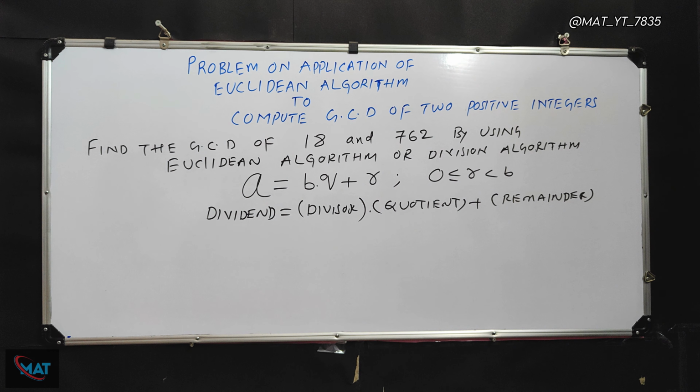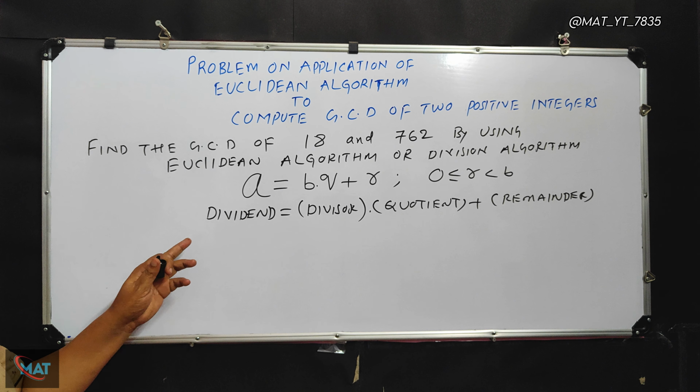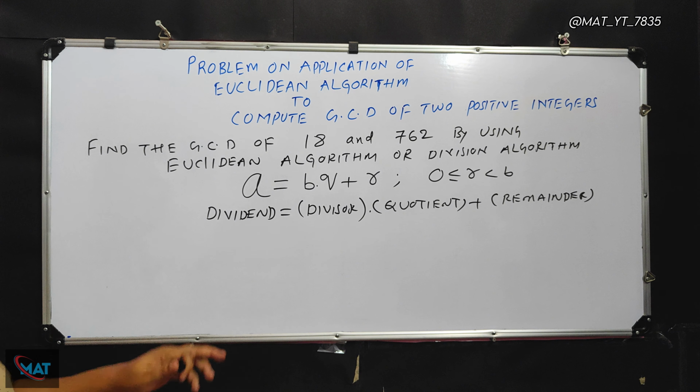It is a general way to understand division algorithm or Euclidean algorithm. Now always remember that the left side number should be the dividend. It will be more than the divisor. Out of these two, 762.